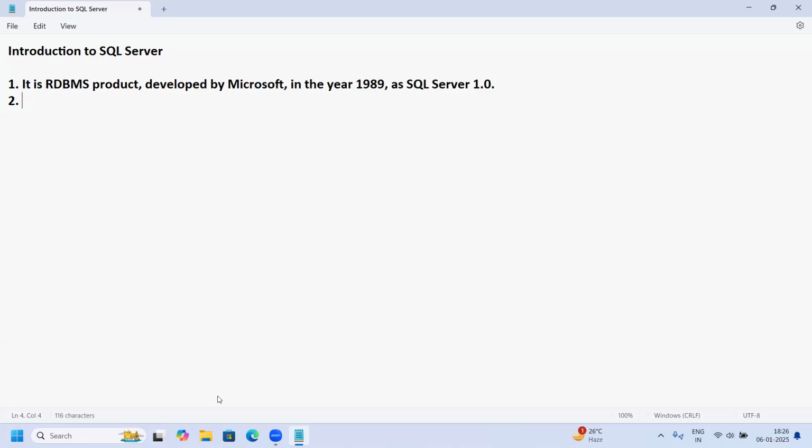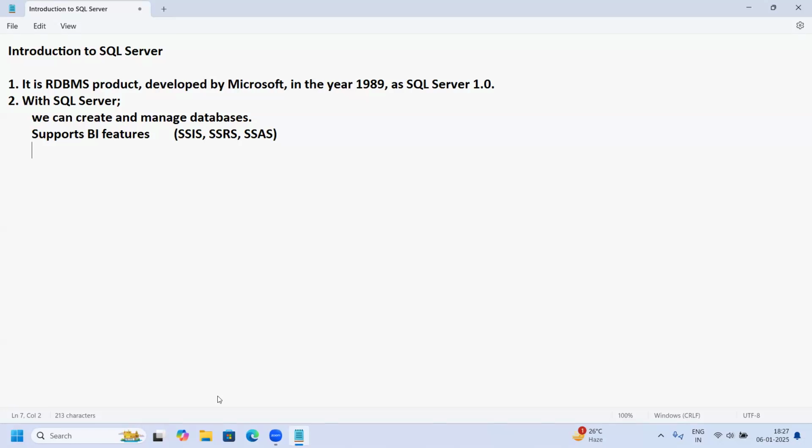Second, with SQL Server, what can you do? Two answers. We can create and manage databases, plus it supports BI features: SSIS, SSRS, SSAS, integration services, reporting services, analysis services.